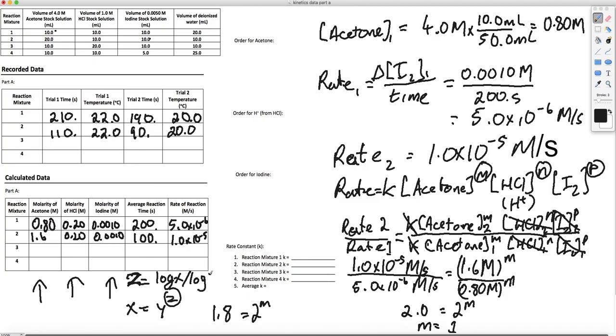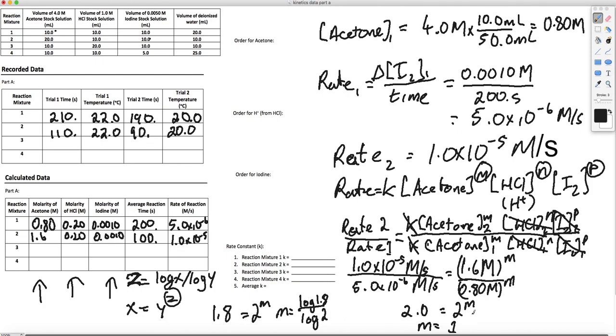So that's how you can solve it, by using log logic. In this case, M would equal log 1.8 over log 2, if you want to do it that way. But here you do the same thing. You'll end up clearly with a value of M equals 1 over here.